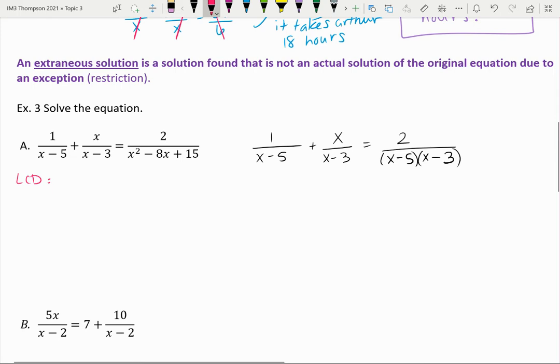So then I identify the least common denominator. Okay, in my denominators, I have an x minus 5. I need that. Got it. I have an x minus 3, so I need that in my list. Got it. Now, the denominator on the right-hand side, I have an x minus 5. It's already on my list. I have an x minus 3. It's already on my list.